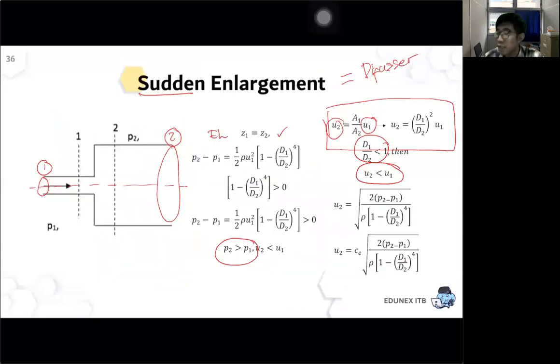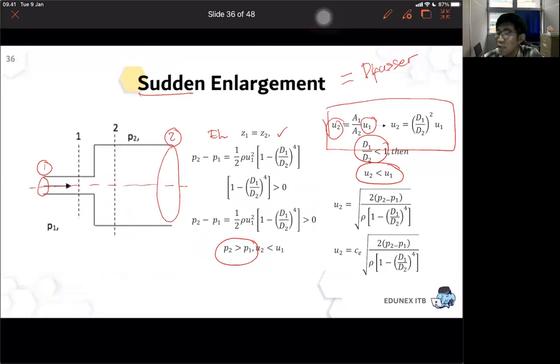How you correlate the velocity and how you correlate the pressure will be exactly the same between sudden enlargement and diffuser. But the differences actually are in the flow pattern. Because in a sudden enlargement, for example like this one, the fluid flows smoothly here, but there will be some turbulence around the enlargement area.